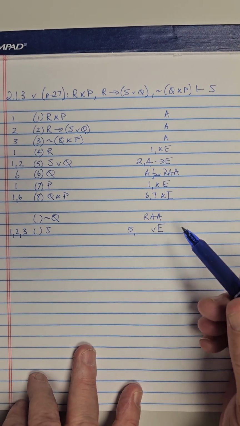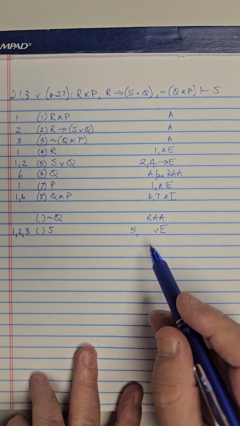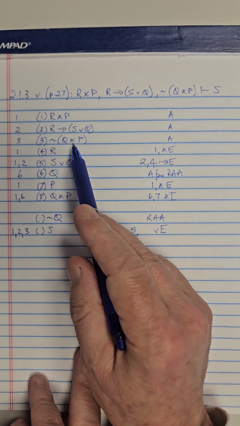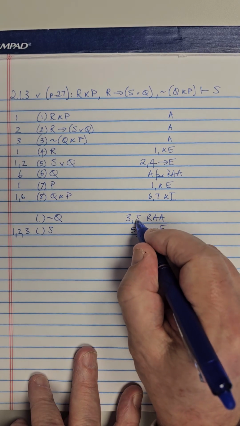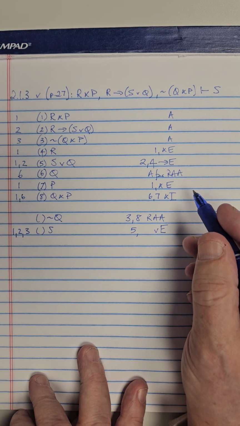So here we say there's a sentence on line 3 and there's a sentence on line 8, and they can't both be true.